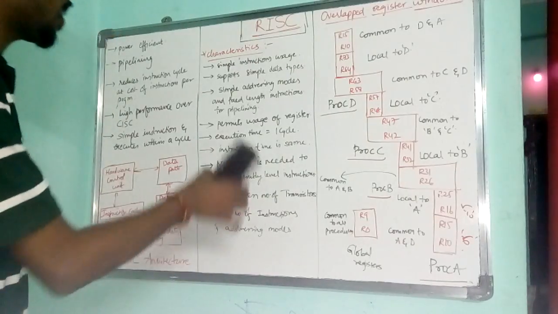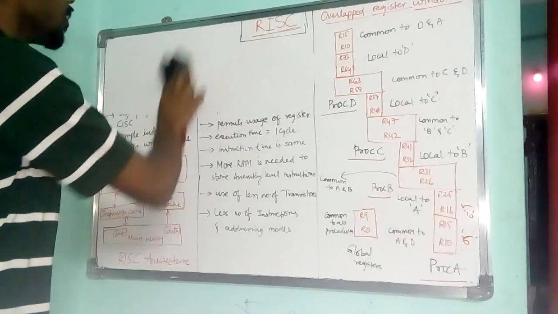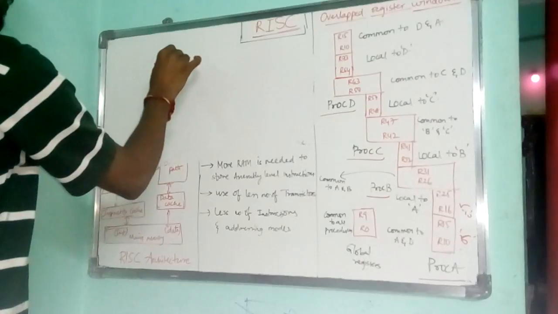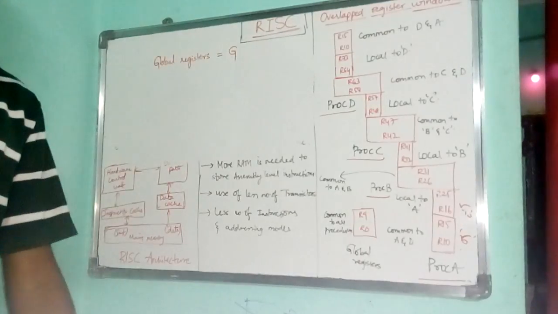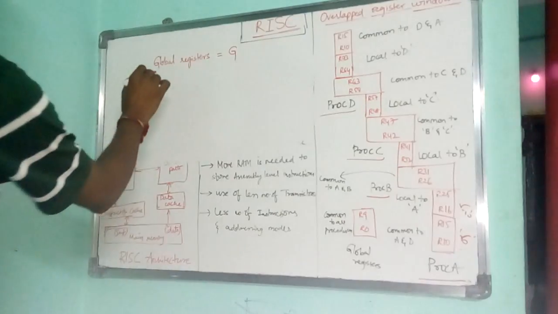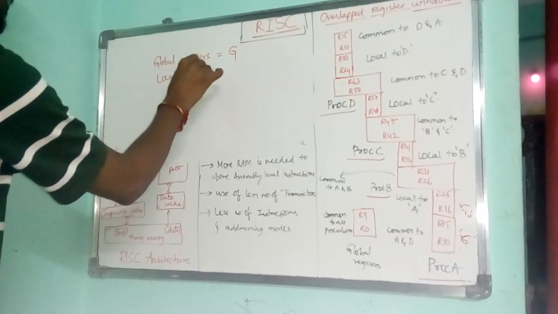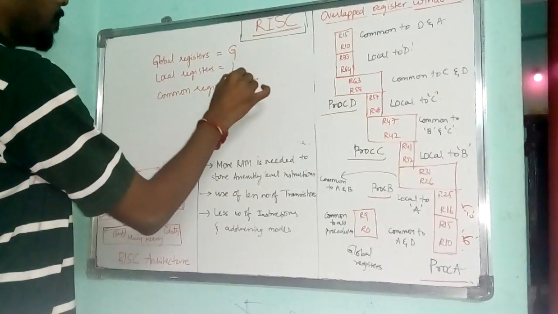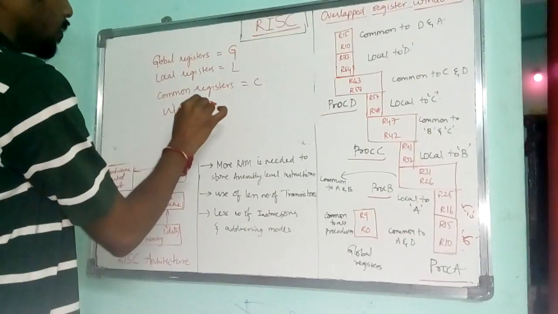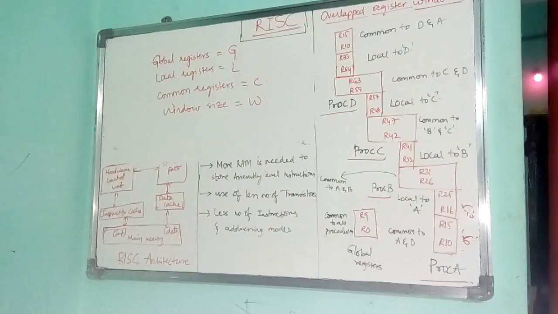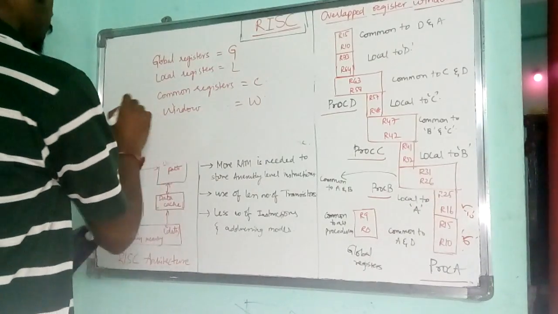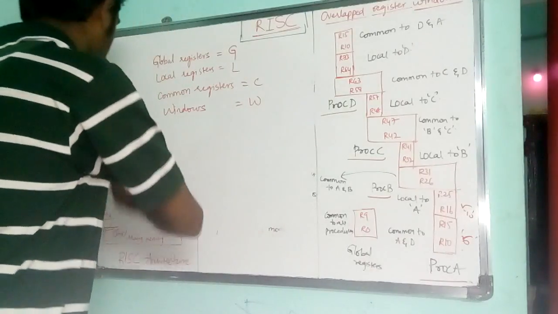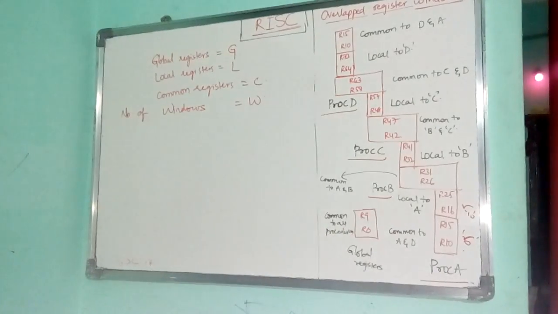For that, we make simple assumptions. Let the global registers be denoted by G, local registers by L, common registers by C, and the number of windows by W. It is the number of windows, not the window size.